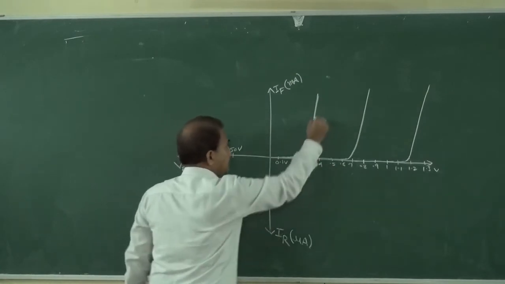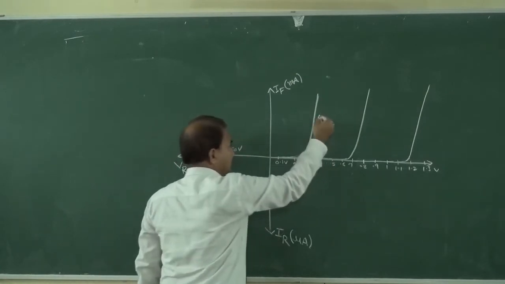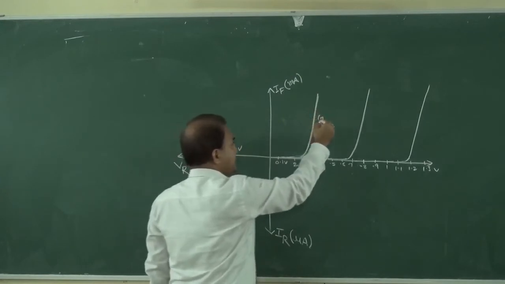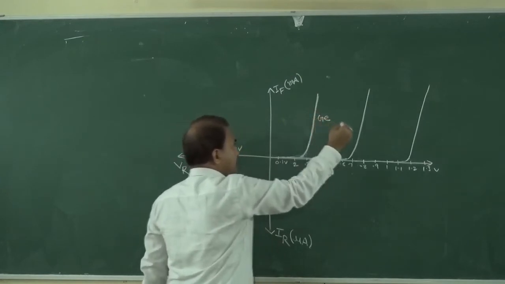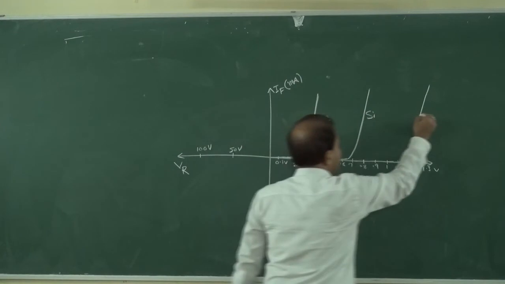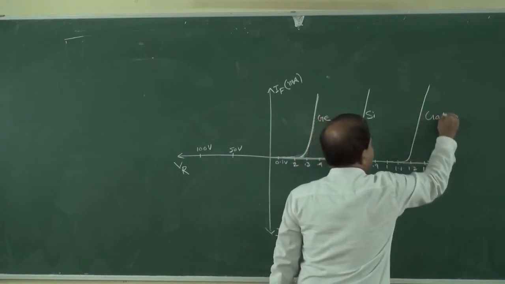This is the forward VI characteristics in case of germanium semiconductor. This is for silicon. This is for gallium arsenide.